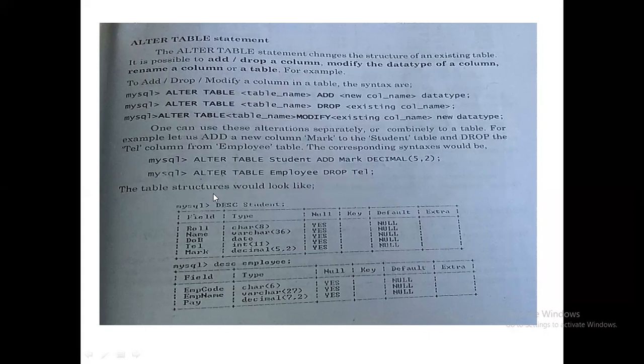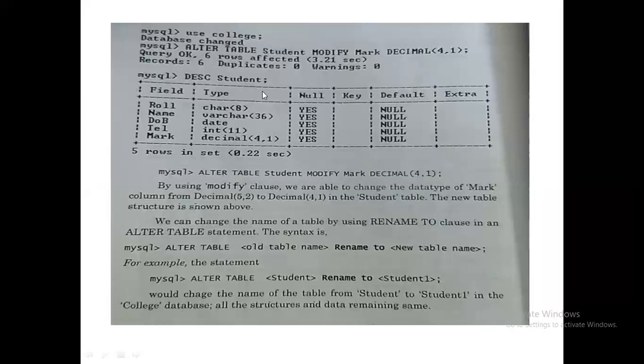After this is done, DESC student will describe the table, and DESC employee will describe the employee table. So after that I want to see describe student. So here use college, then alter table student modify marks decimal.